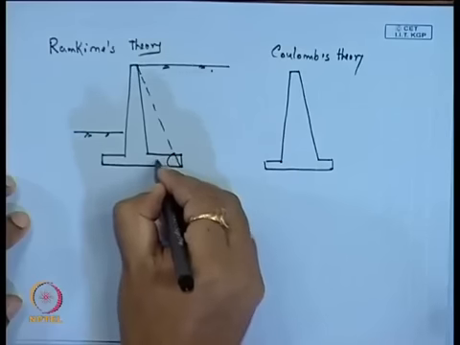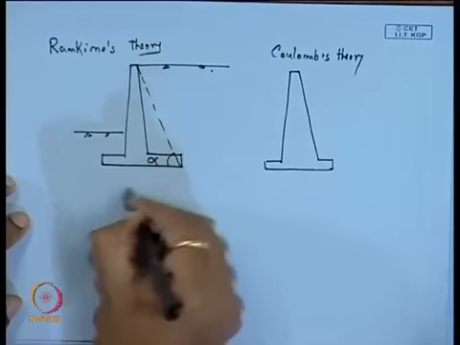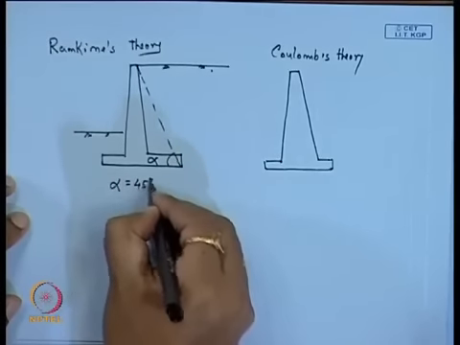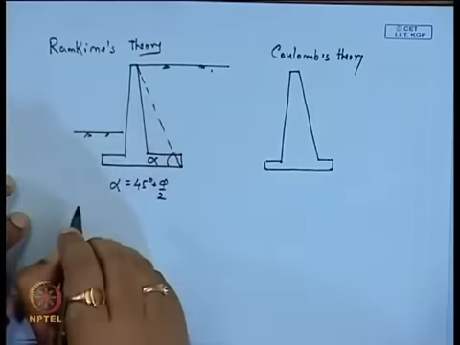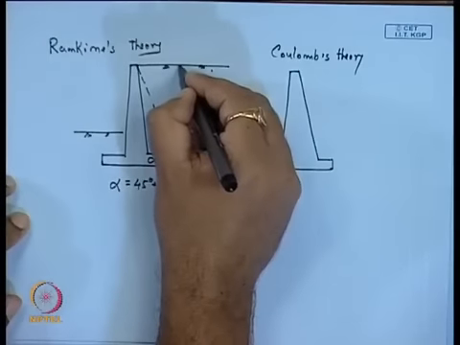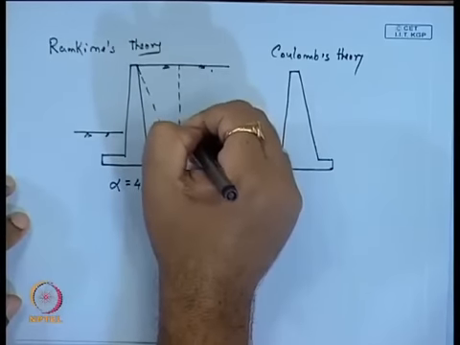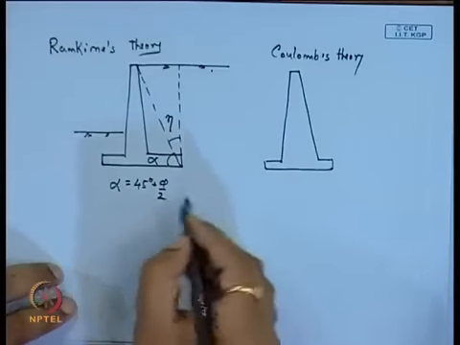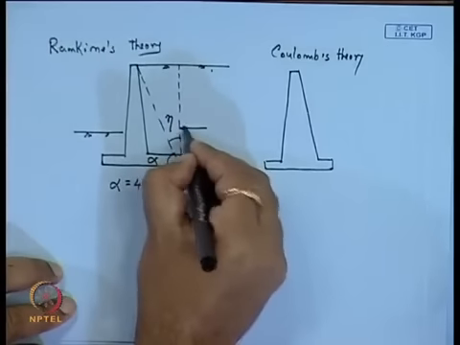So, this is alpha. Here, alpha, as i is equal to 0, alpha will be 45 degree plus phi by 2, and then this angle. So, now this P A will act here.